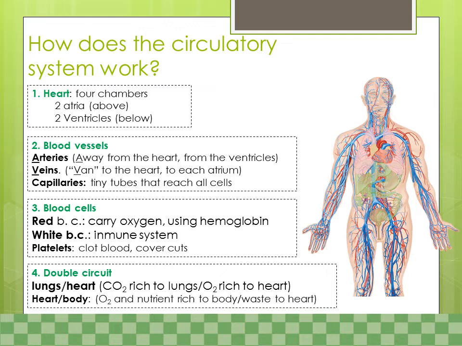Atria and ventricles. Okay, so the heart pumps with systole and diastole. The heart bombea sangre, and that blood travels through blood vessels. And those blood vessels, esos vasos sanguíneos, are called arteries if they leave the heart through the ventricles. They are called veins if they go towards the heart and enter through the atrium, okay?